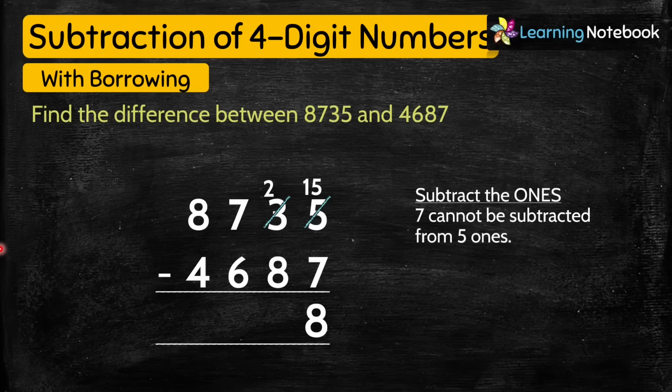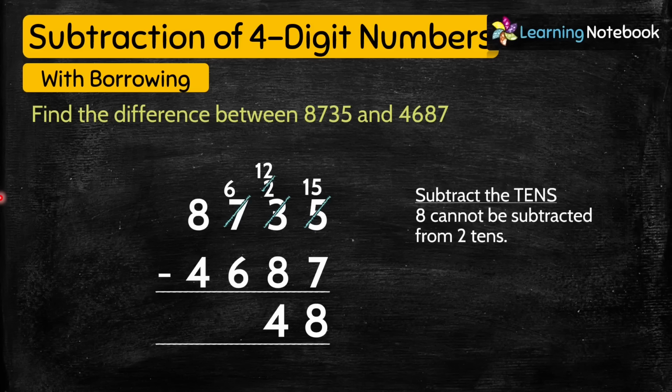Now let's move to tens place. But again 2 is smaller than 8. So 2 needs to borrow from hundreds place. So 7 becomes 6 and 2 becomes 12. Now we can subtract, 12 minus 8 equals 4.